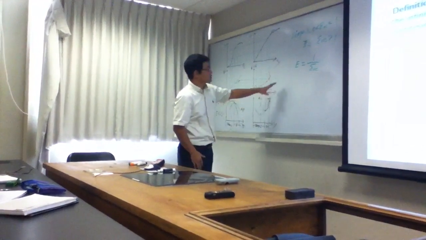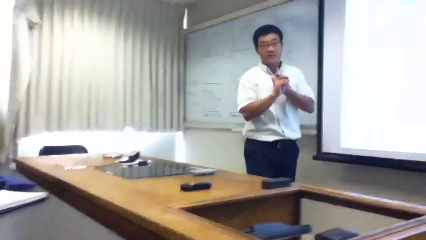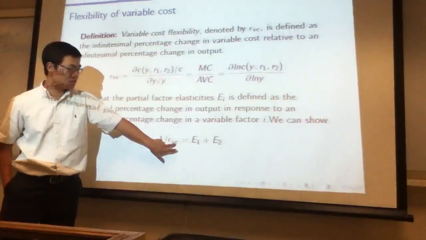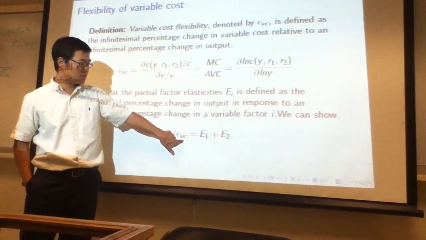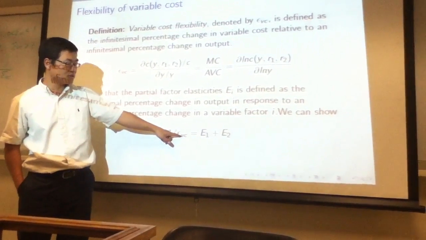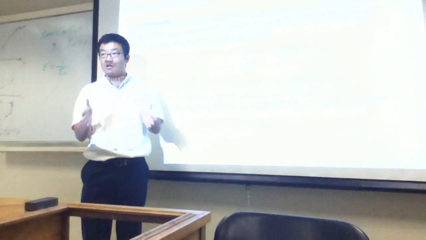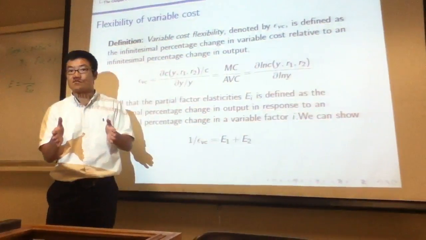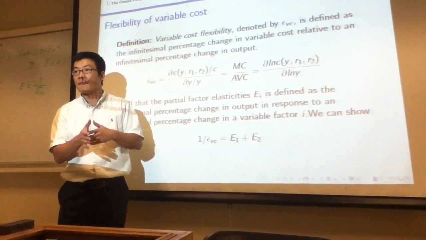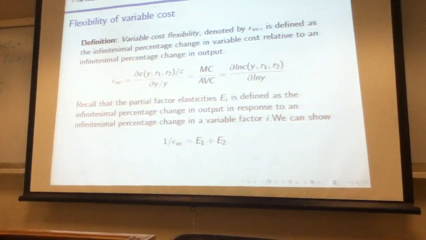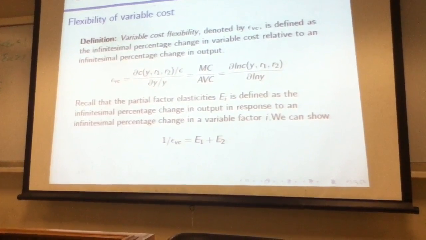Okay, this is when we have one variable factor, correct? But if you had two variable factors, this relation extends to this. The inverse of this variable cost elasticity is equal to the sum of the two partial elasticities. And remember, the sum of the two partial elasticities is the degree of returns to scale.